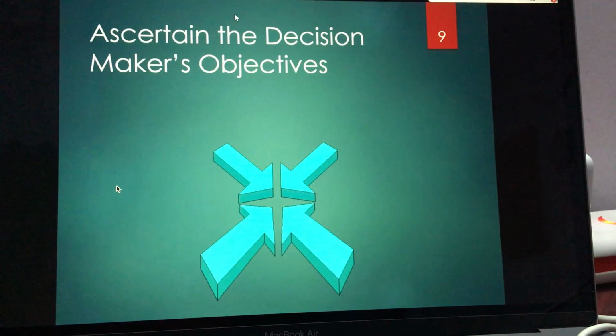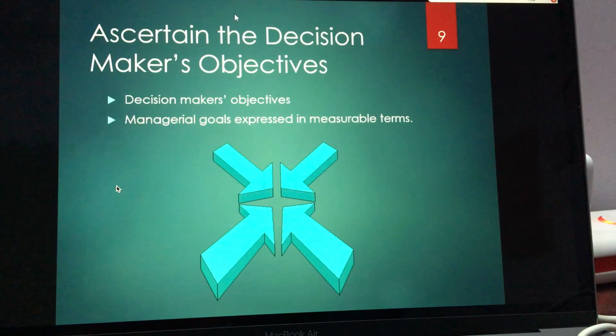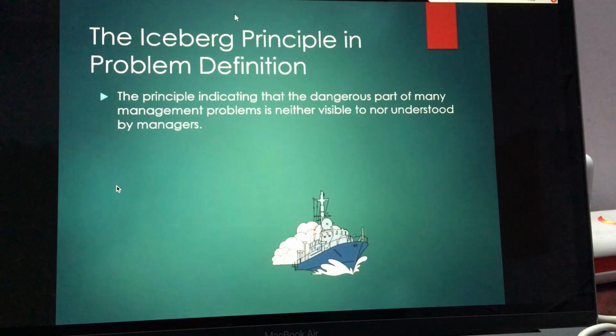You must know this research is done for the advertising manager. So decision makers' objectives are managerial goals expressed in measurable terms. The problem with problem detection is that you might mistake symptoms for problems.